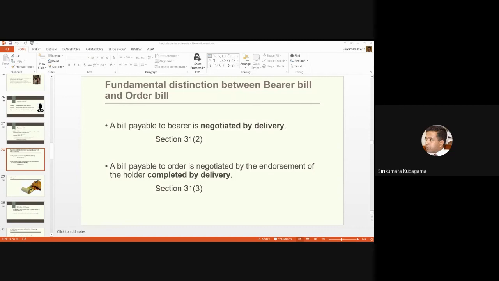But that is not the case with an order bill, because in the order bill, the payee is specified. If the payee is specified, you cannot just deliver it to someone. Even if you deliver without an endorsement, there is no negotiation, because the person who receives the bill cannot be entitled to the rights of the bill, right? So you see that negotiation happens in two different ways in respect of two categories of bills.